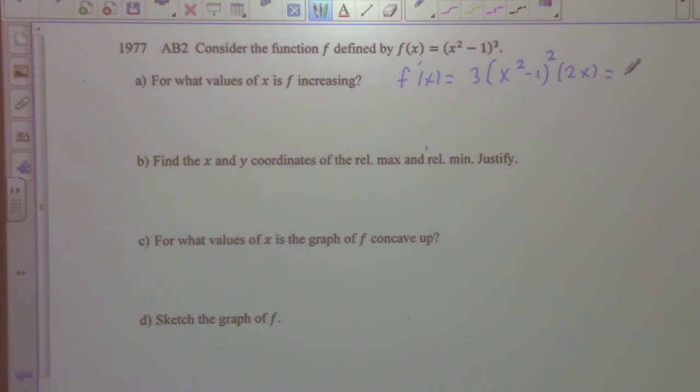So that's going to be 6x times x squared minus 1 squared. Okay, so do you have that?